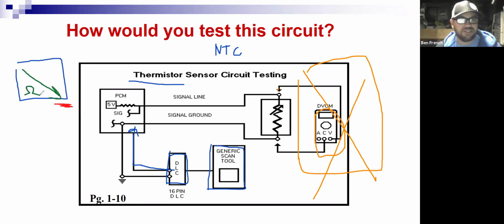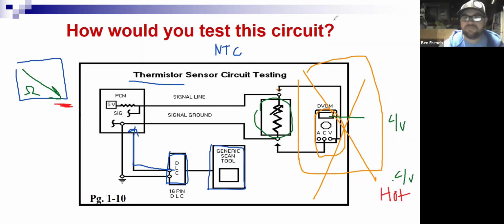The ohms of that sensor will drop as it gets hotter. So where your voltmeter might show 4 volts with the cold engine, it's probably going to show somewhere around 0.4 volts with the really hot engine. Okay, so I'll write hot right here. And cold.